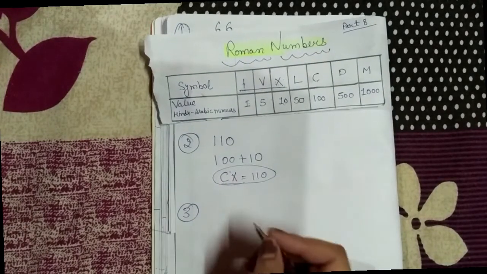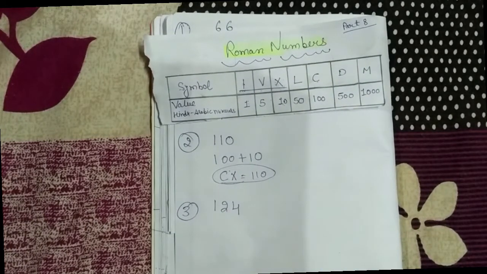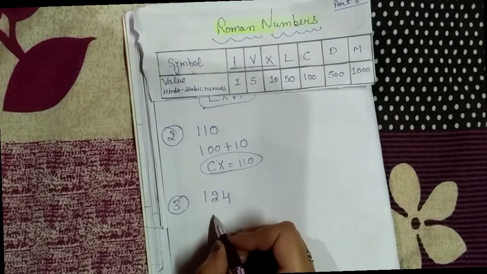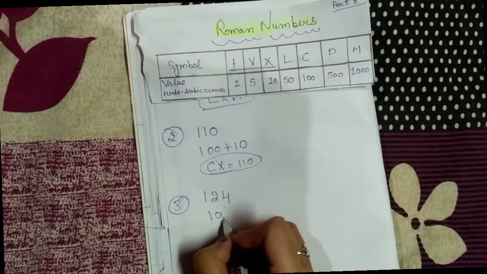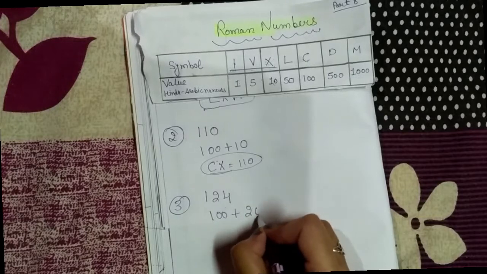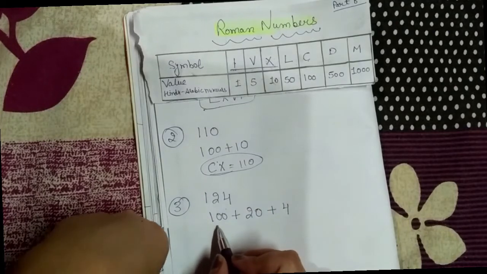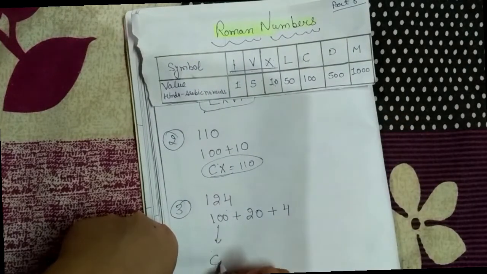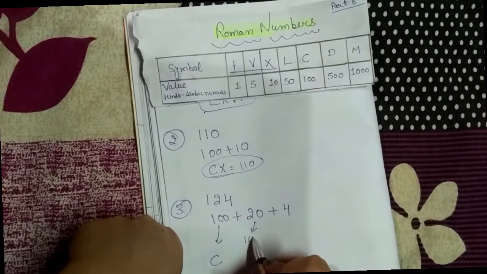Let's take one more example. Let's solve 124. So first rule is break up the number. 124, I can write, tell me, you think. I'll wait. Yeah, correct. I can write 100 plus 20 plus 4. For 20, of course, I have to divide the number, 10 plus 10.